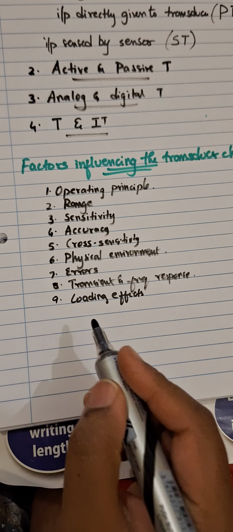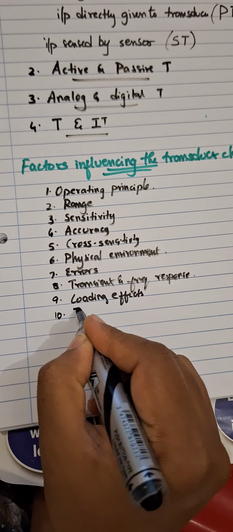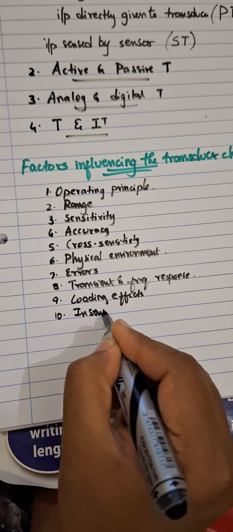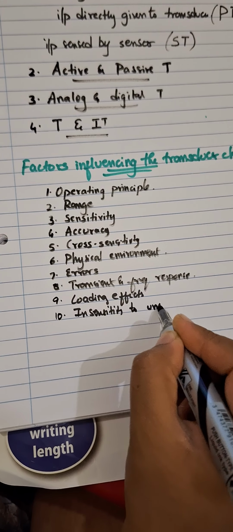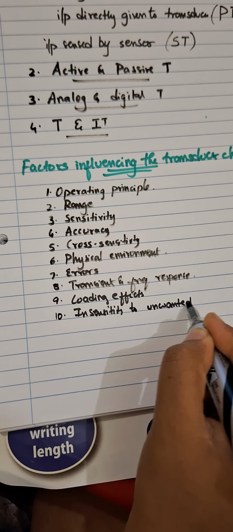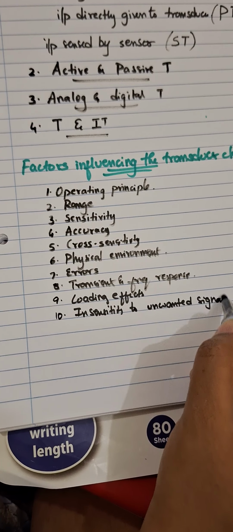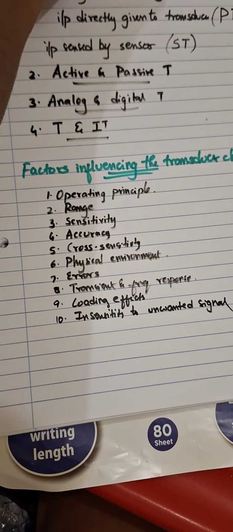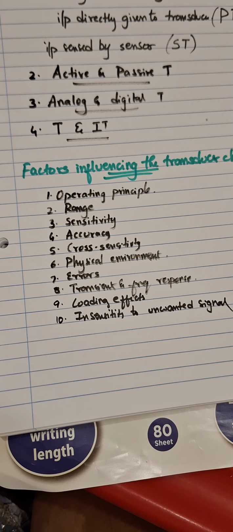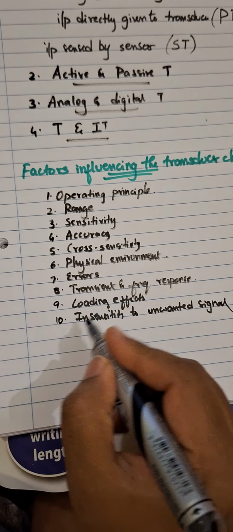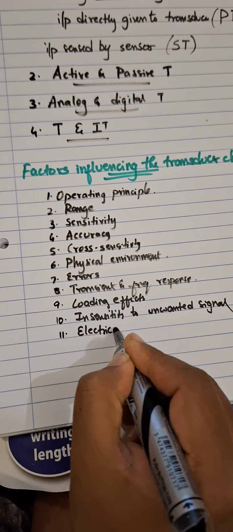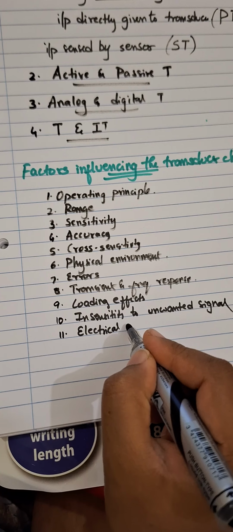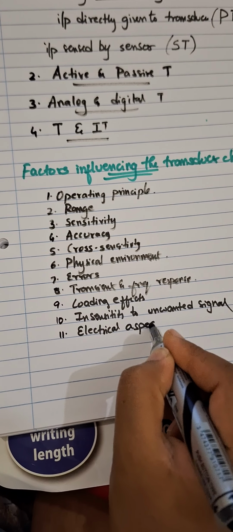Then insensitivity to unwanted signals. Whenever there is an unwanted signal to the transducer, it should be very insensitive. It shouldn't affect the output. If it is affecting the output, obviously it is going to affect the whole system. So unnecessary signals in the system shouldn't affect the transducer.